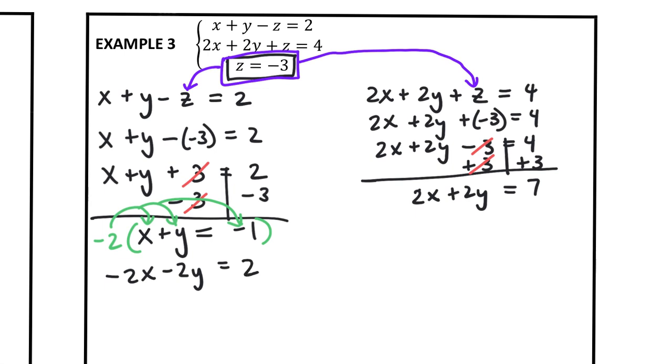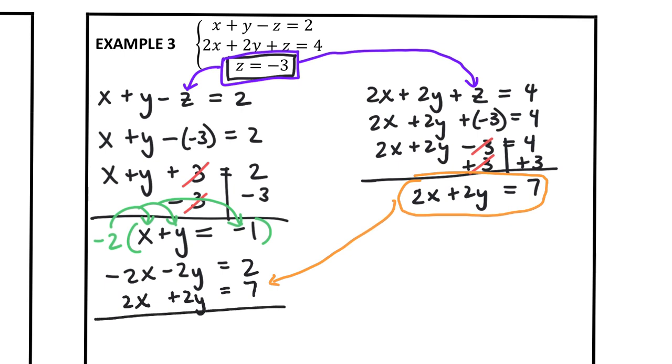It's positive 2. And then I'm going to take this equation here and move it down here. Copy it over there. So it's 2x plus 2y equals 7. And then add these two equations.